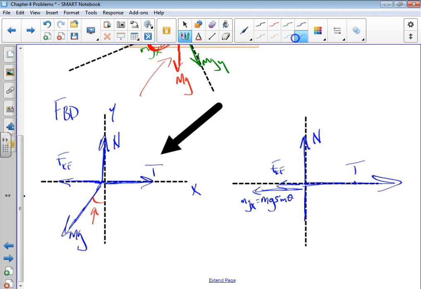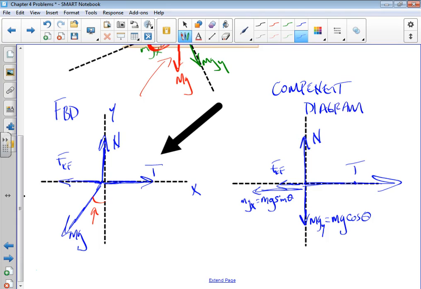Meanwhile, down here is going to be mg y component, the y component of the weight, which is going to be mg cosine of the angle. So we switch the sine and cosine. So I have a component diagram here, and that is what I really need to make my various expressions and to solve the problem.